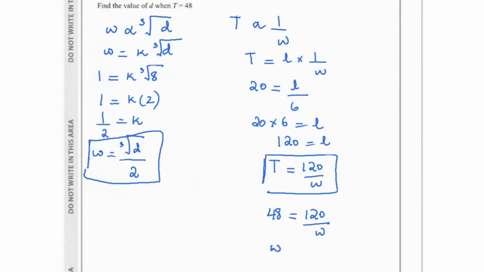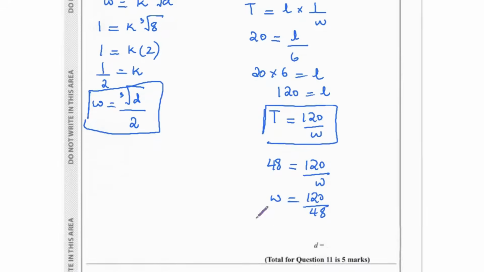So W equals 120 divided by 48, which gives us 5 over 2. Now 5 over 2 equals the cube root of D over 2.